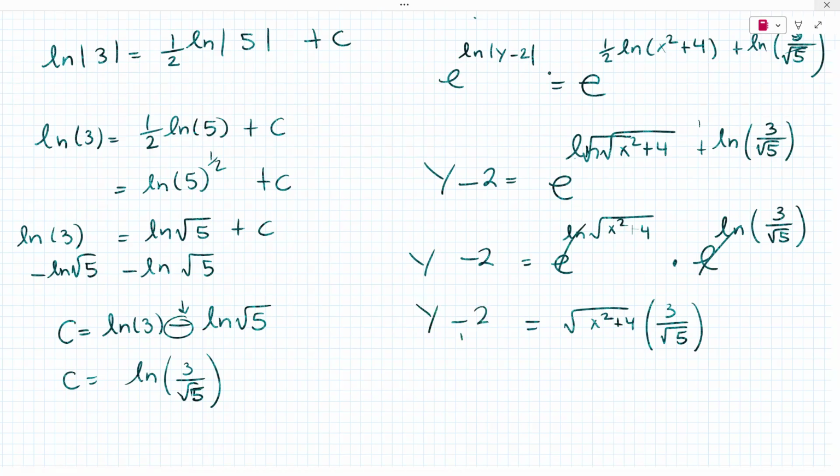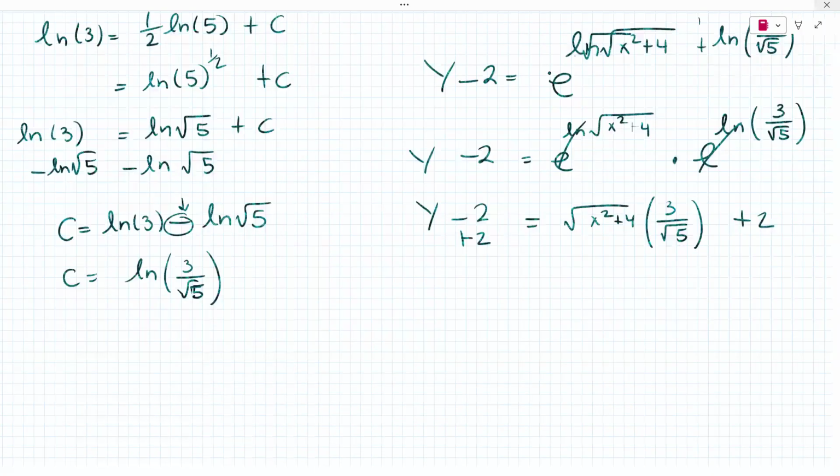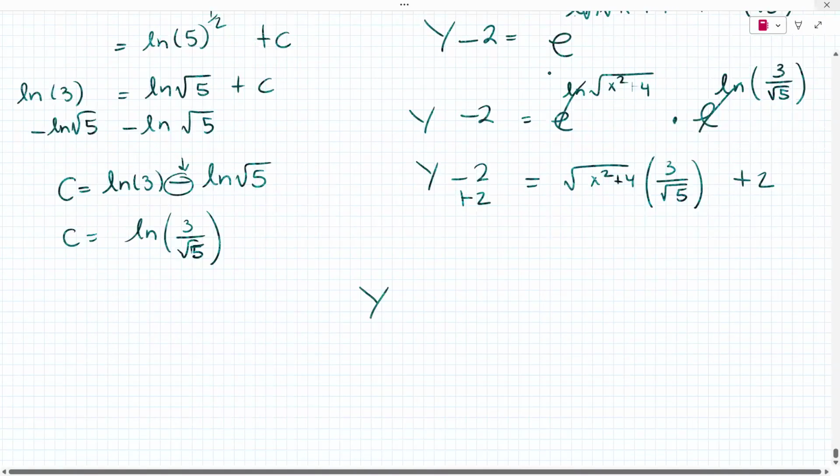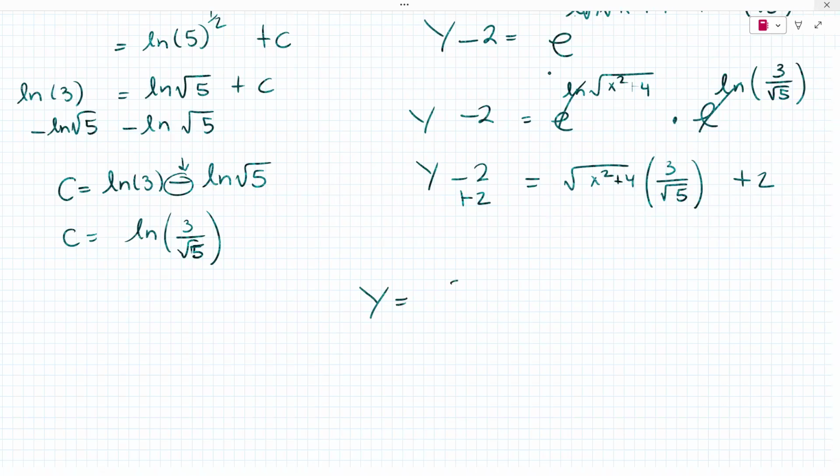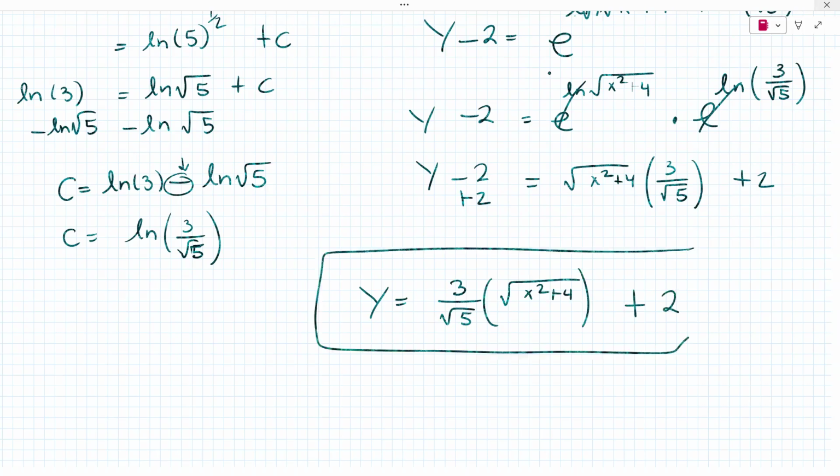And then solve for y, so you're going to add 2 to both sides. So you get y equals, I guess I could put this in front, so it's 3 over square root of 5 times square root of x squared plus 4 plus 2. There you go. That is your final answer. I will stop here.